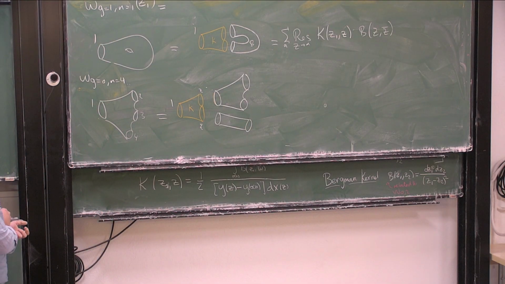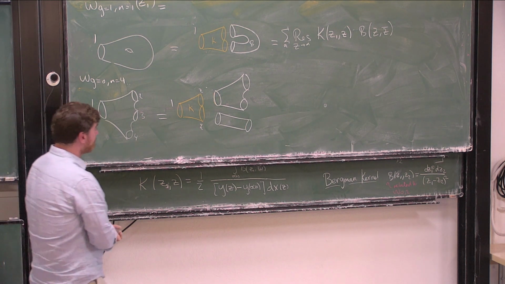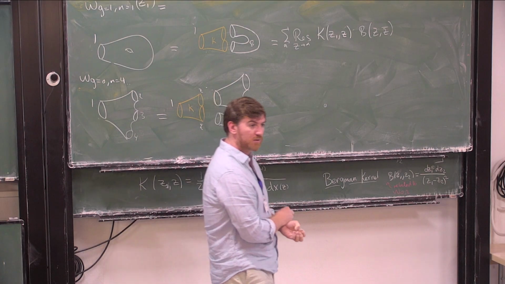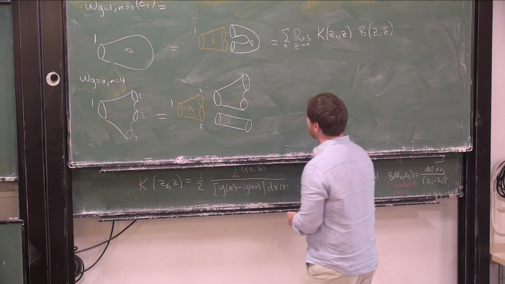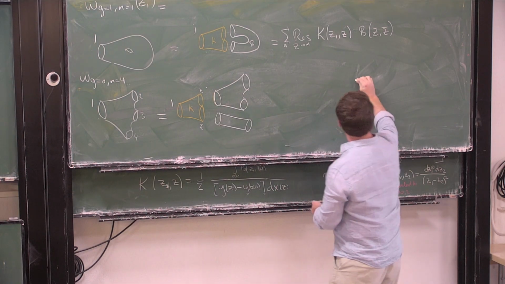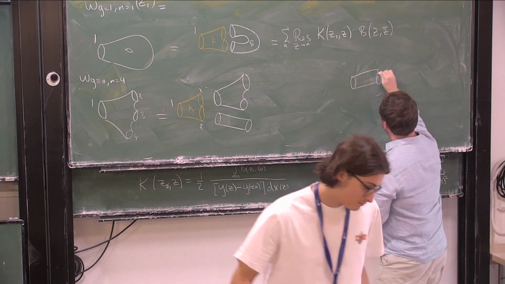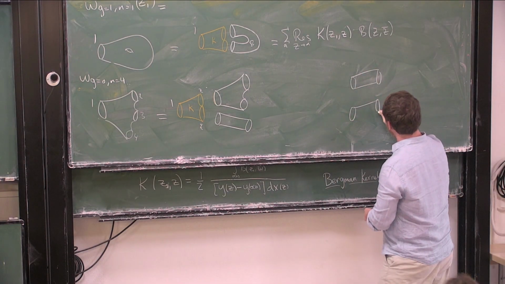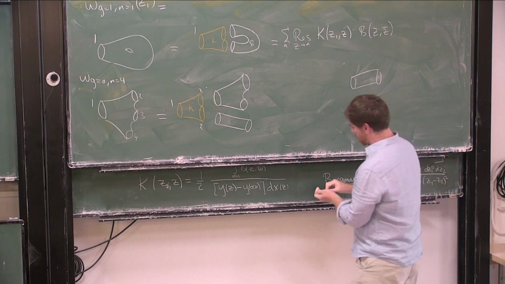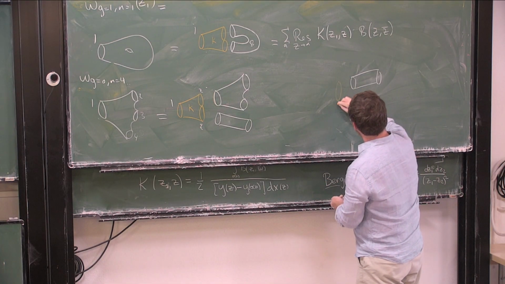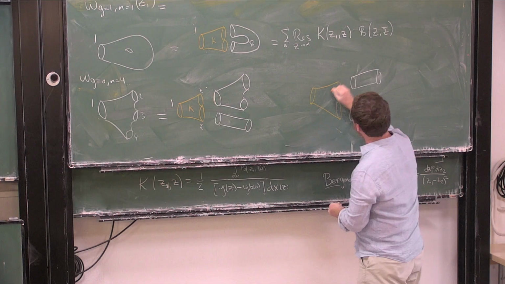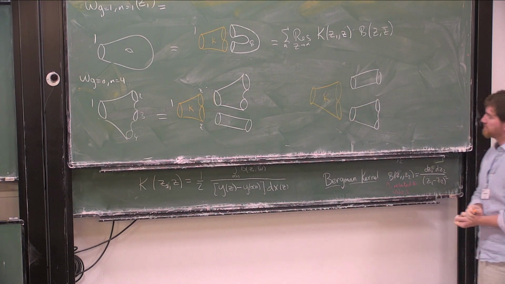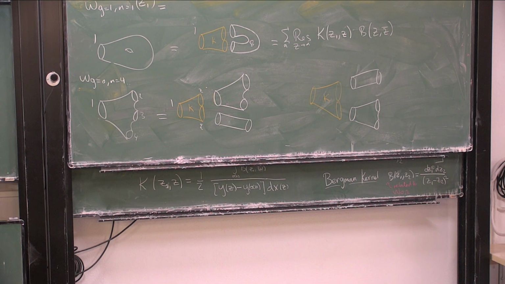And how many ways are there of doing this? Yeah. So that's true. So there's also going to be the one where I have a cylinder on top and this guy over here. Is this it? 4, maybe.